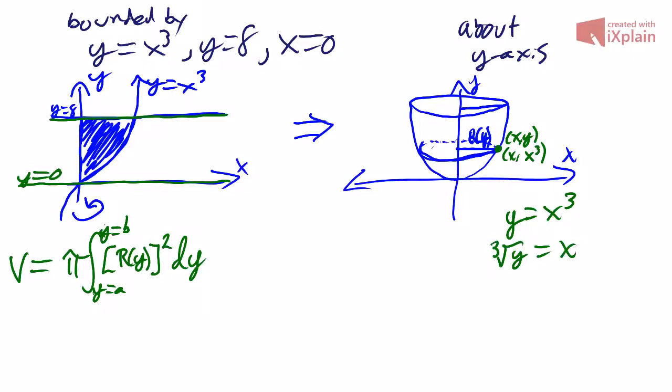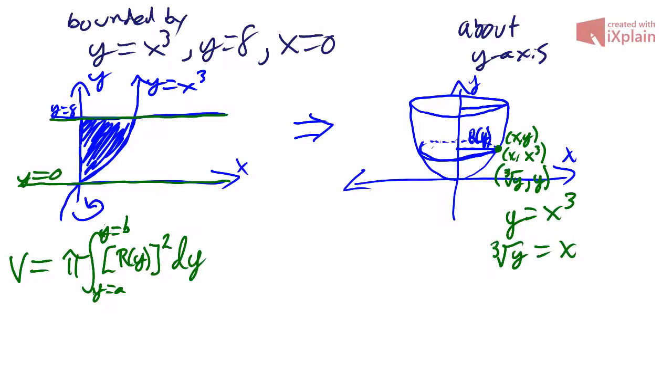Then x is equal to the cube root of y. We don't need to worry about plus or minus here because we're taking the cube root. So we could also write this point equivalently as cube root of y comma y. And that's good because now everything's in terms of y, and that's what we were looking for.